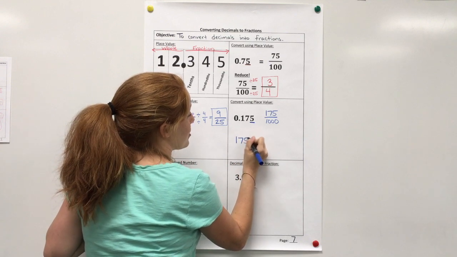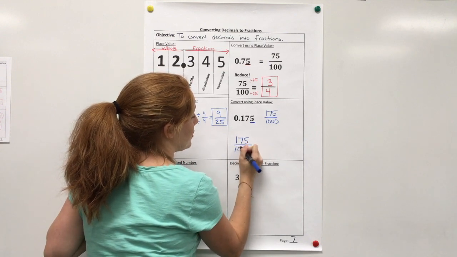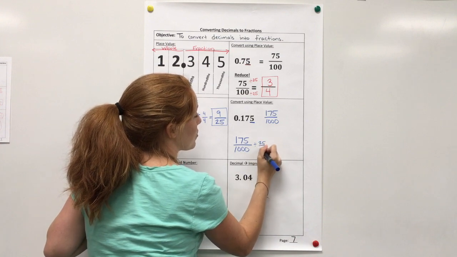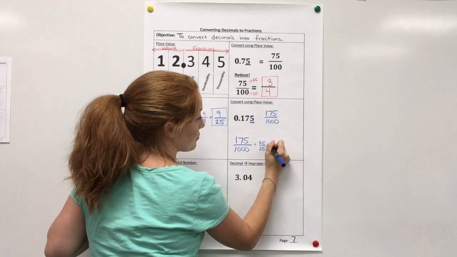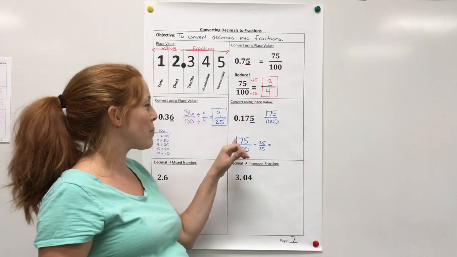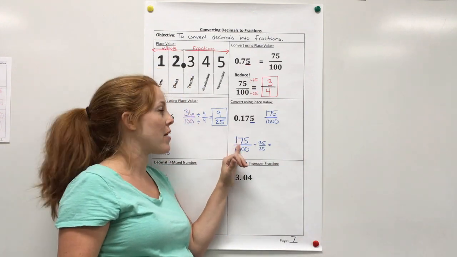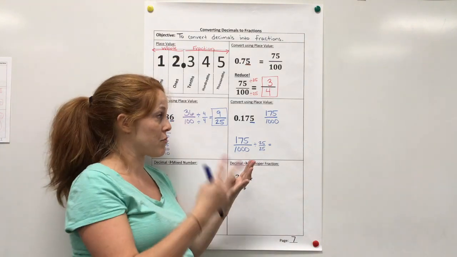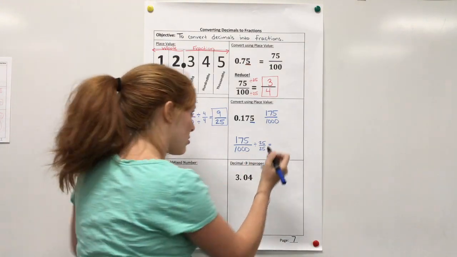I'm just going to write it down here to have a little more room. And I'm going to divide by 25 over 25. Okay, so if I pretend this is like $1.75, how many quarters would that take? Well, 4 go into $1, and then 3 more, so that's 7 quarters.